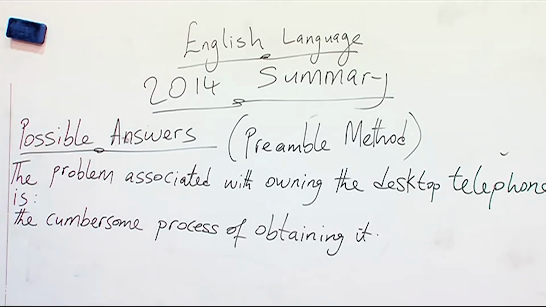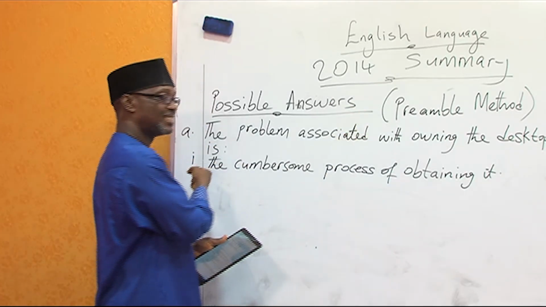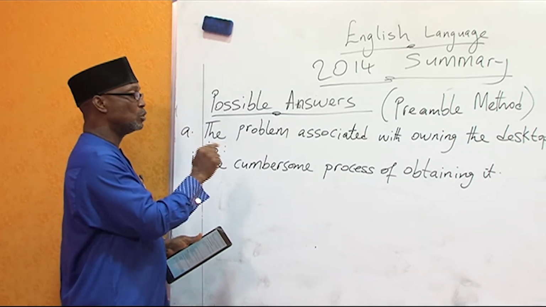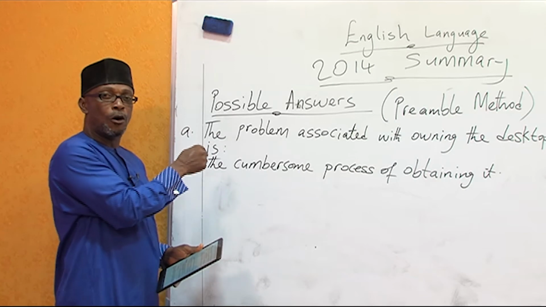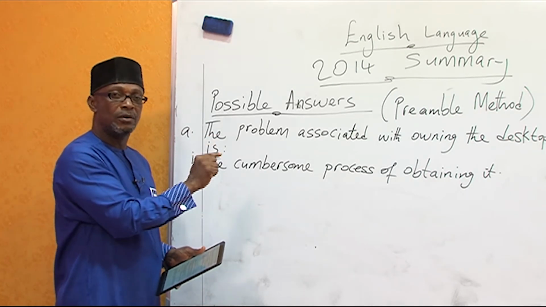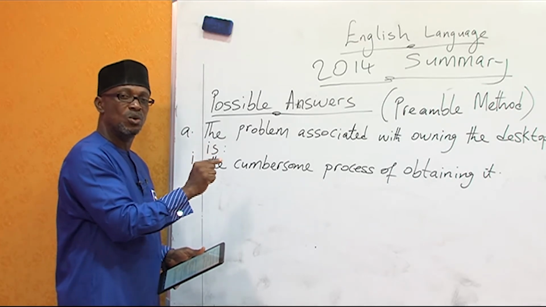This is so simple. This is our preamble. The problem associated with owning the desktop telephone is... In our last class, we were looking at the use of the plural subject and the plural verb. Before now, it was acceptable in summary, but now it is something that will become a blemish when you go that line.